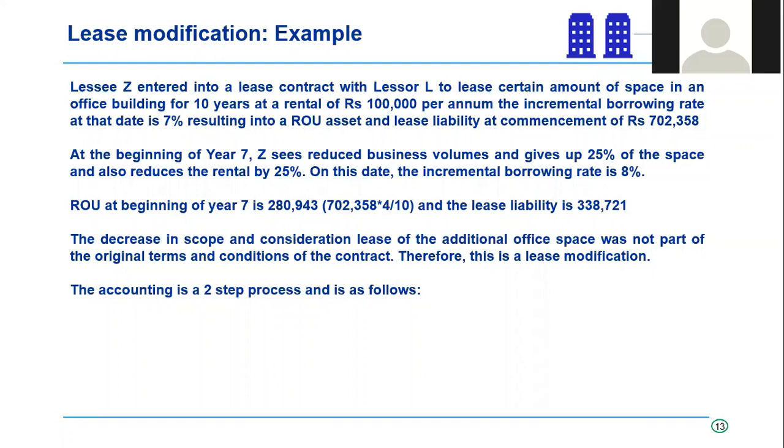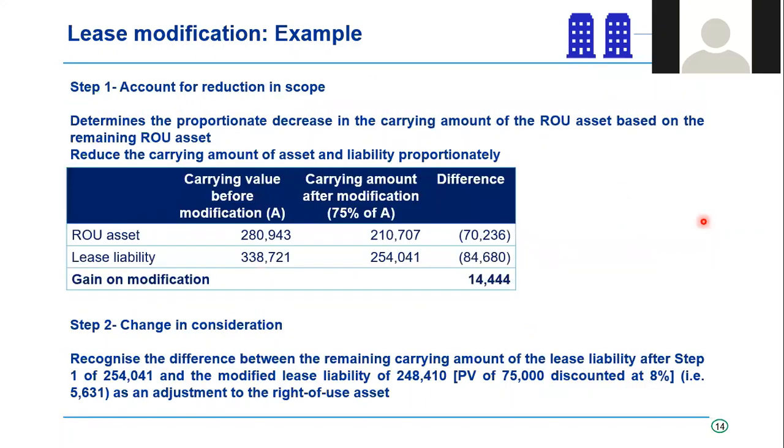Thereafter, one would give impact to the reduction in the consideration. Let's look at what exactly would have happened in terms of the numbers. As we said, it's a 2-step process. Step 1, determine the carrying values of the ROU asset and liability before the modification. Now, after the modification is done, effectively the lessor and the lessee said that only 75% of the asset will be within the scope of the agreement.